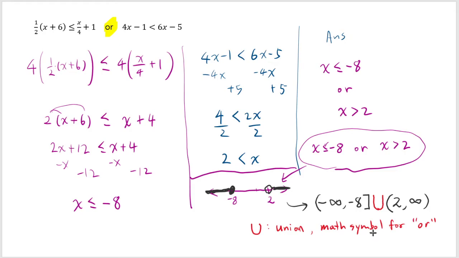So when you want to say x is less than or equal to negative 8 or x is greater than 2, then you can say it's the union of these two sets. Well, I want to put this in quotes because it's not really exact.